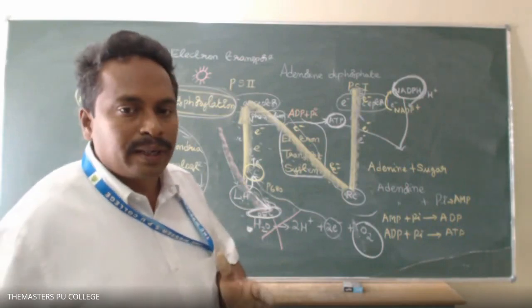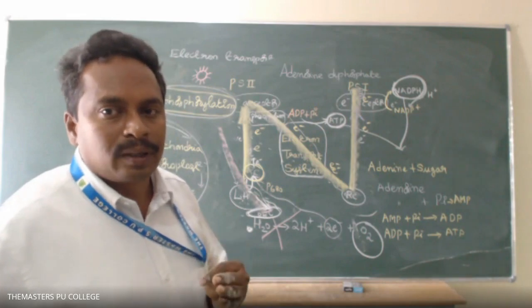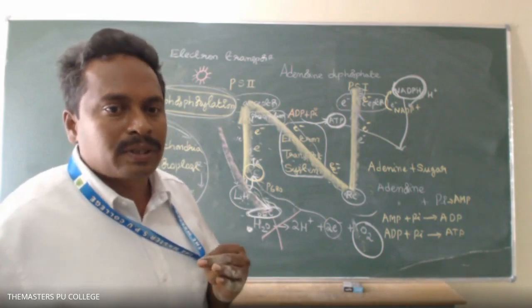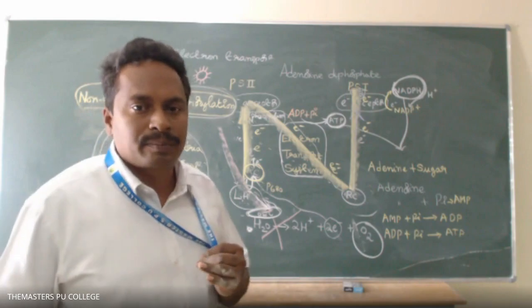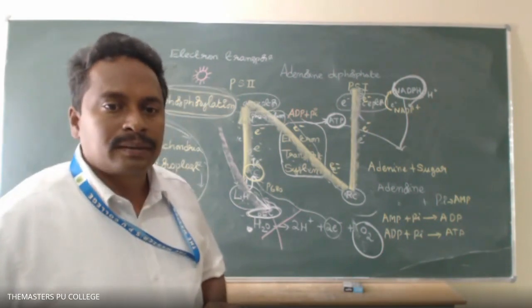Light reaction includes four steps: absorption of light energy, splitting of water molecules, and the formation of oxygen, ATP and NADPH. It's not till the end of the light reaction, meaning the chemiosmotic synthesis of ATP. One more class is required to be completed. Okay? Is it clear? Yes, sir. Thank you, sir.